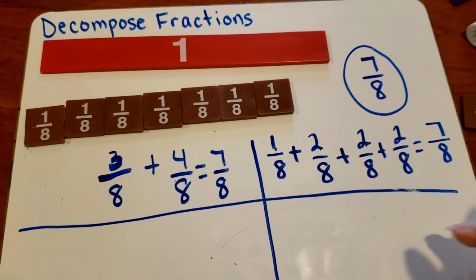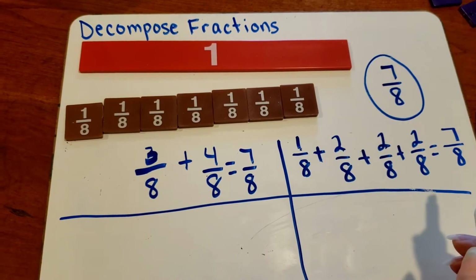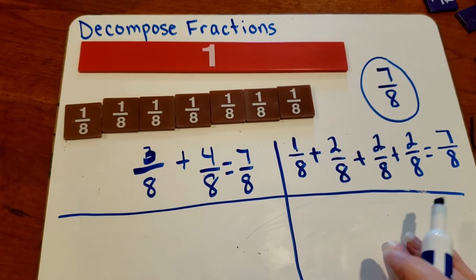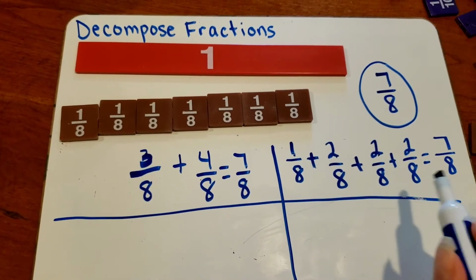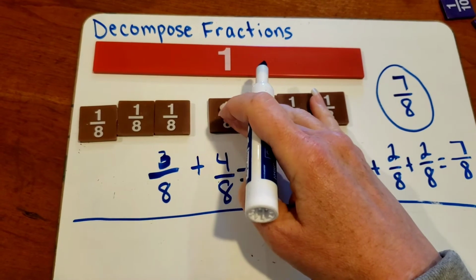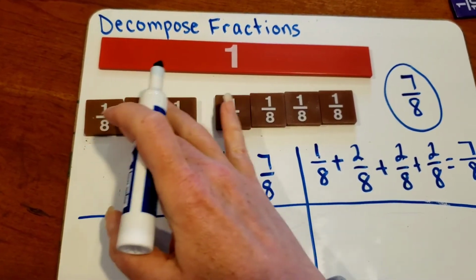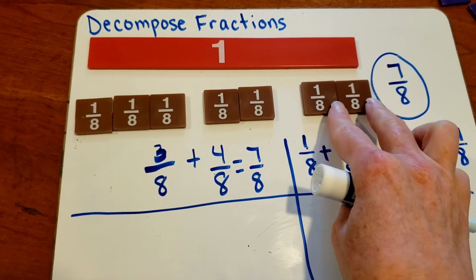I'm looking at this problem and I can see another way that I can add to make 7/8. So I did 2 add-ins here. I did 4 add-ins here. I can do it again. I can do 3/8 here plus 2/8 plus 2/8.